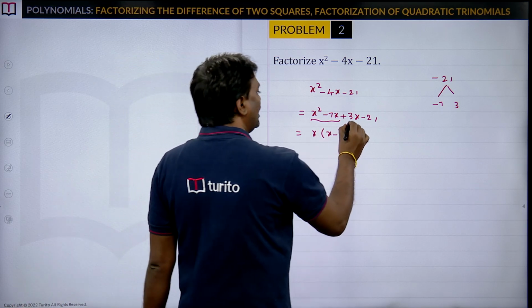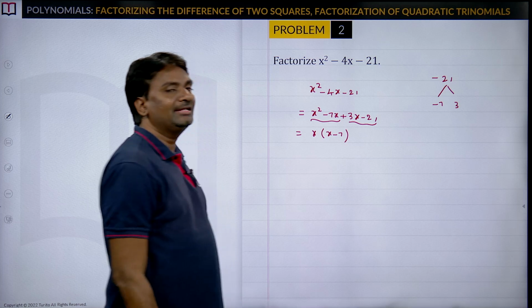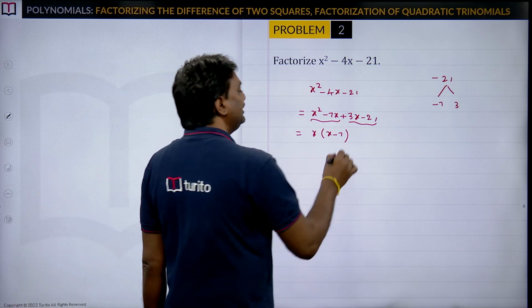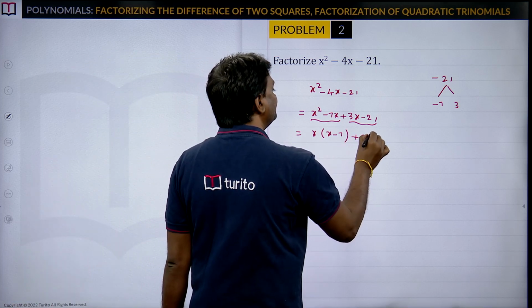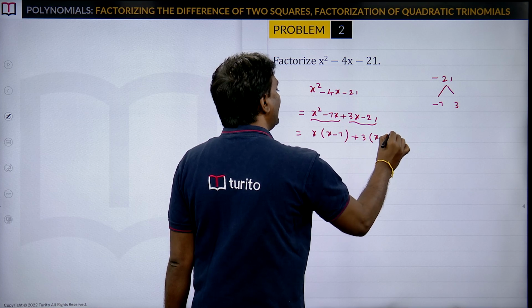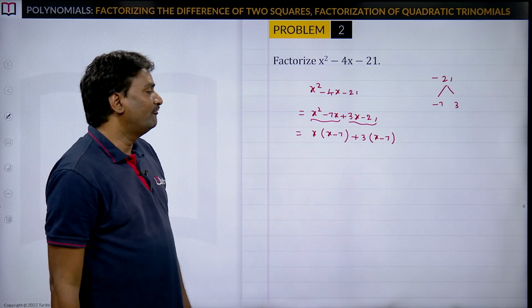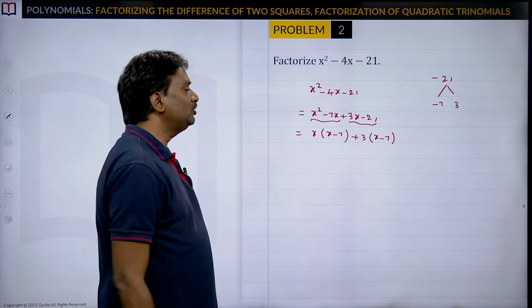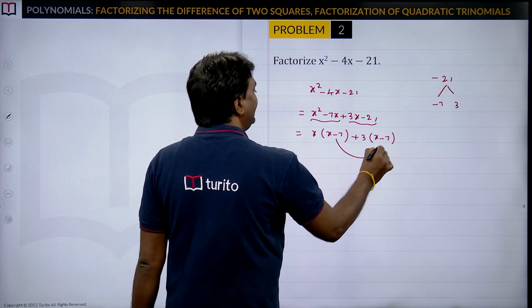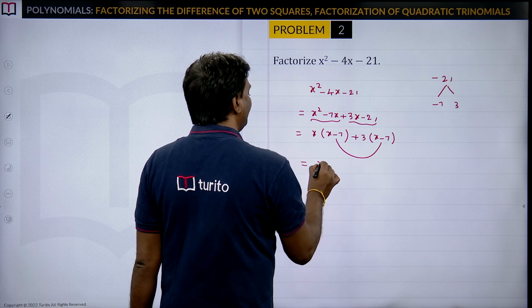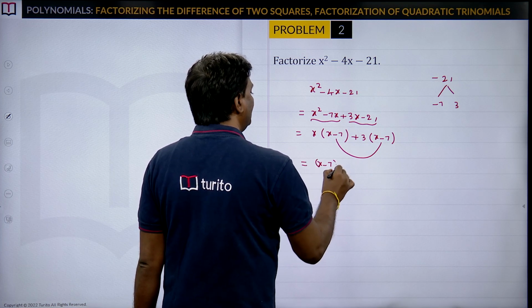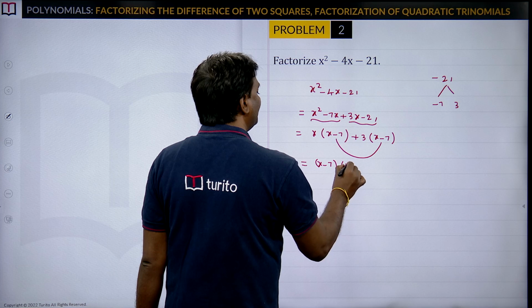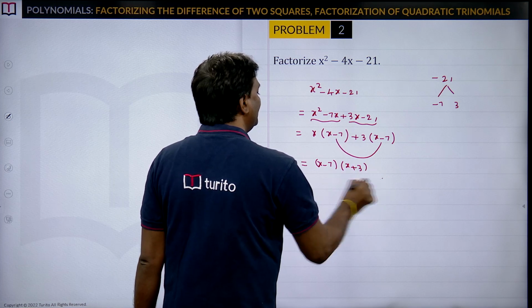By taking the last two terms 3x minus 21, clearly 3 is the common factor. 3 into x minus 7. First term is x into x minus 7. Second term is 3 into x minus 7. Again by taking this x minus 7 as common, you will get x minus 7 into x plus 3.